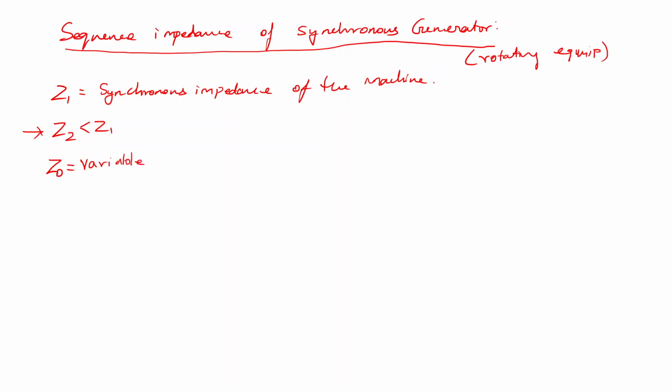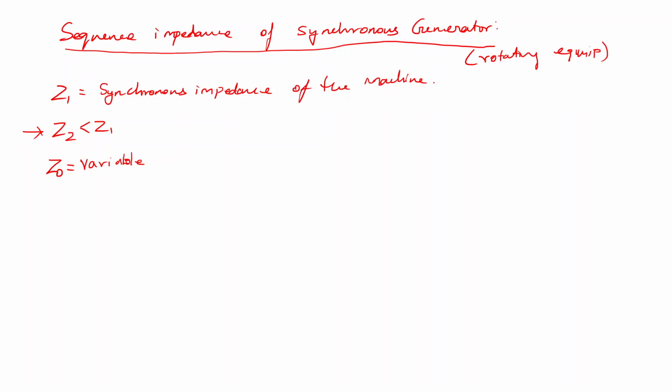Why are we telling these things? Because in the question they will give some network to you and ask you to draw the sequence network for it. It may be a balanced network, or not a balanced network, or a faulty network.